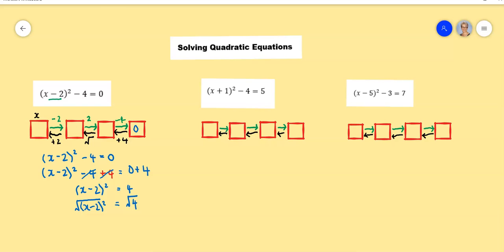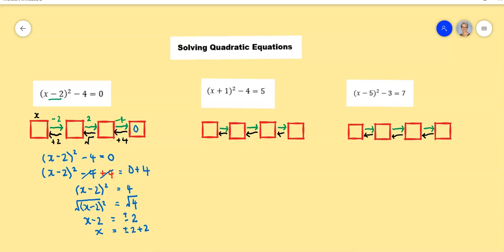So I'm now left with X minus 2 is equal to both positive 2 and negative 2. There are two solutions here. And that means that X is equal to positive and negative 2 plus 2, because I'm adding 2 to both sides.